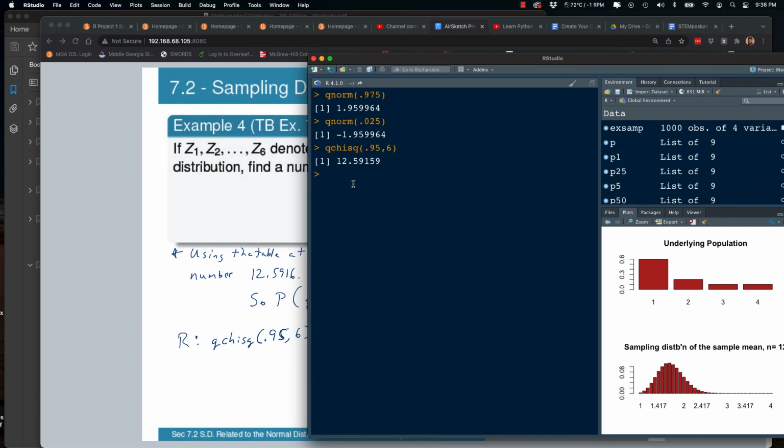Actually a little bit different. It does round off to 12.5916, but it's not that short a number. We'll write the whole thing down, 12.59159. Okay, so we've got that.